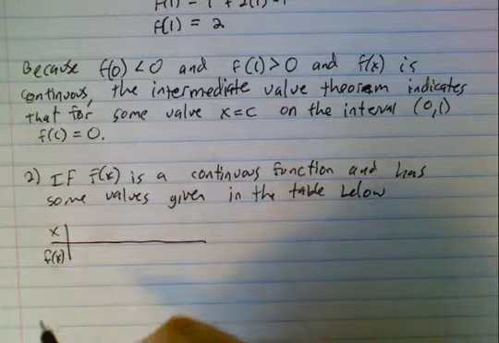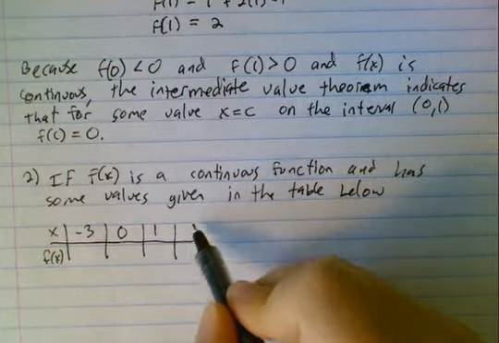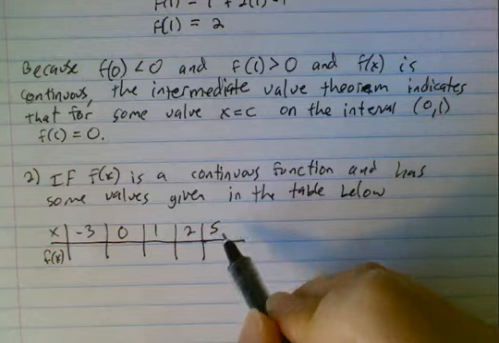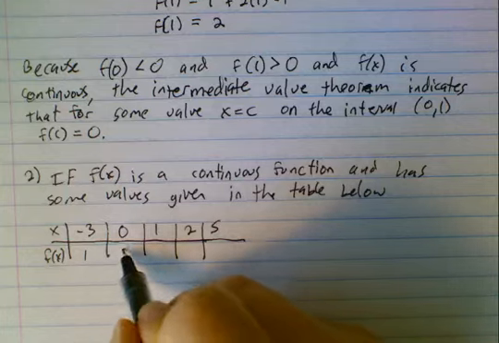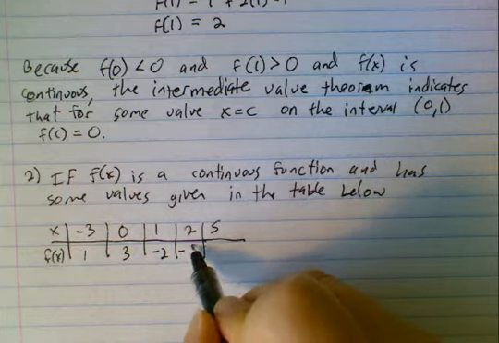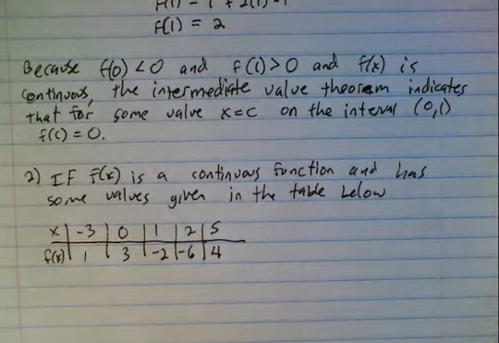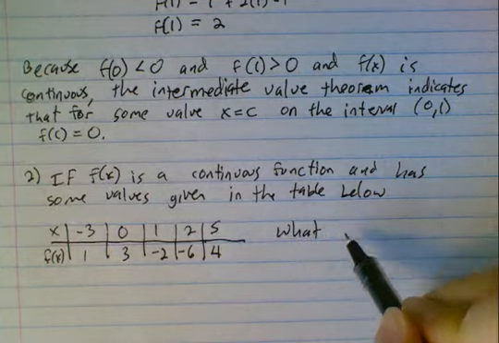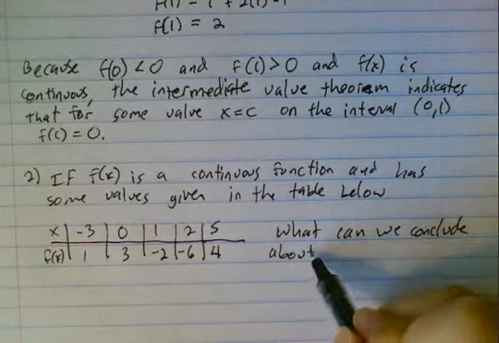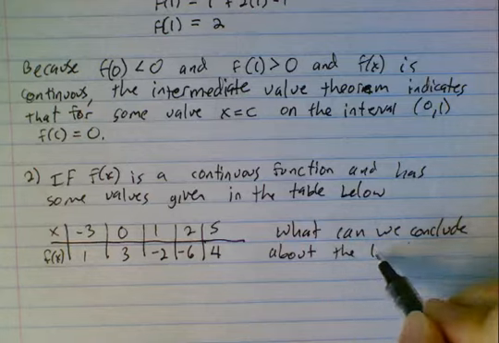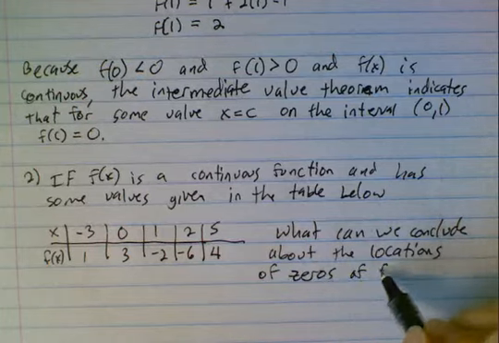Here's x, here's f of x: x is negative 3, 0, 1, 2, 5, and f of x is 1, 3, negative 2, negative 6, and 4. What can we conclude about the locations of zeros of f of x?